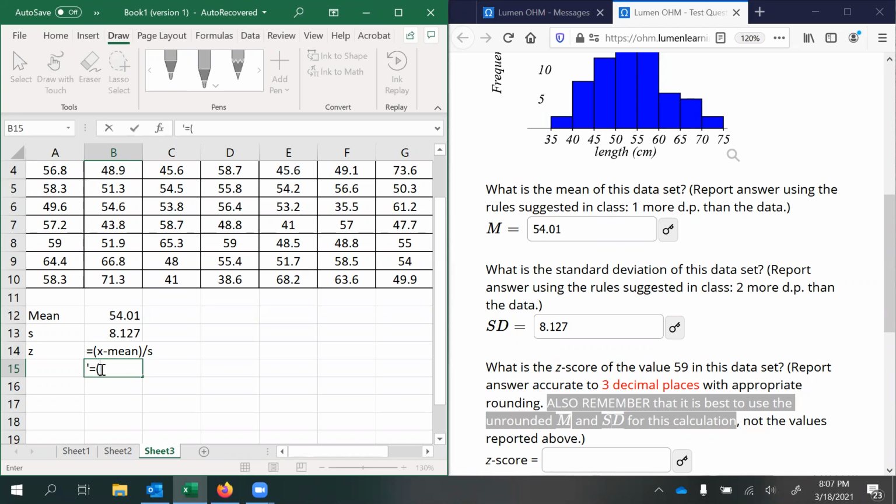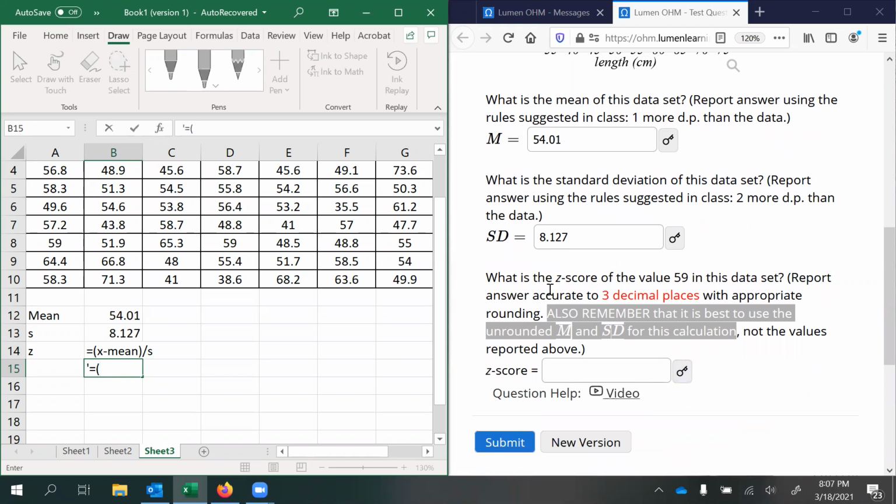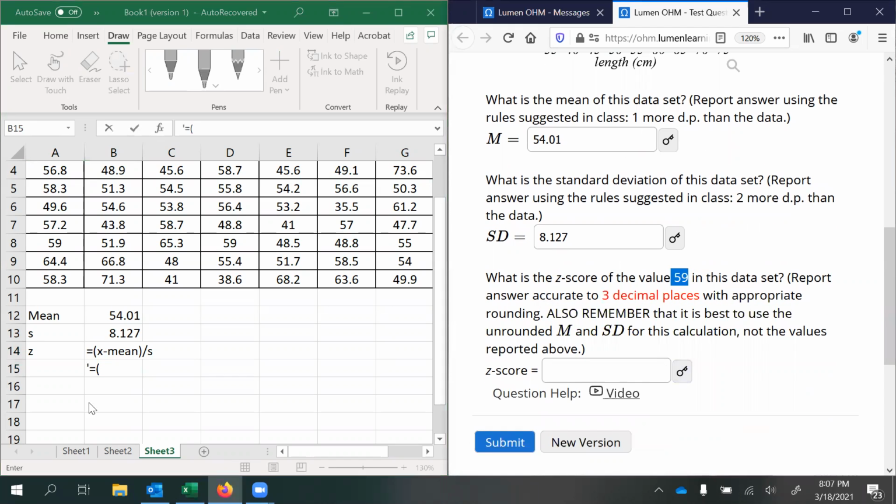So for this example, the value they asked us to convert to a z-score is 59. So we're going to do 59 minus the entire mean, not rounded, divided by the entire standard deviation.